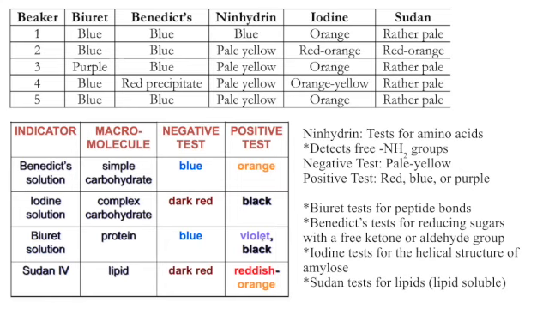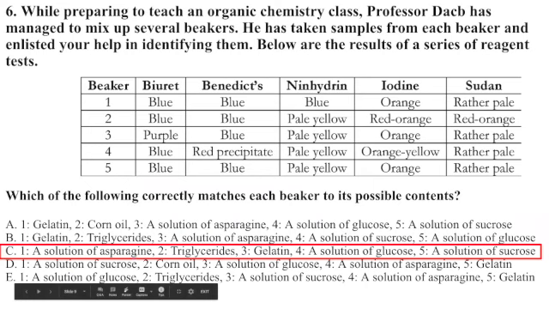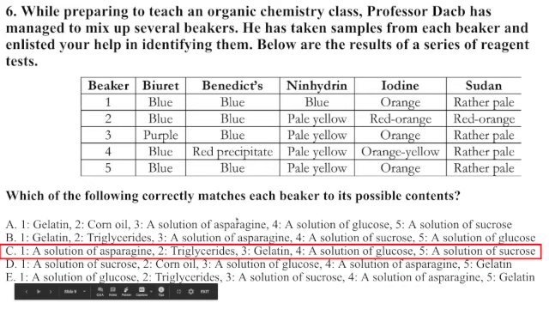So I'm going to go back. A solution of asparagine, that would turn purple because there are going to be peptide bonds formed there. And you would also see pale yellow for the ninhydrin, if we're talking about this.